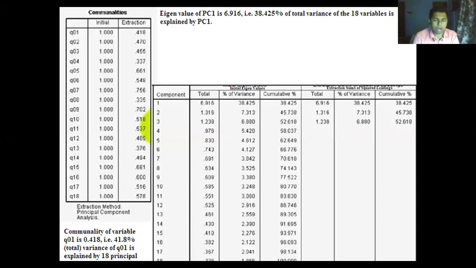So how to conduct the principal component analysis using software, taking a particular problem, I am not going to show you now, because the same sort of thing will be discussed when we discuss factor analysis.